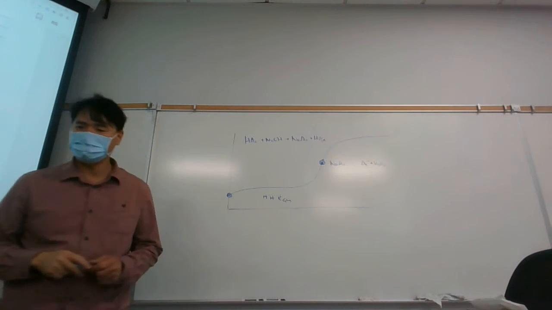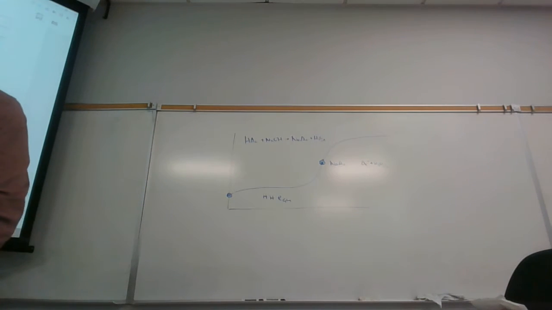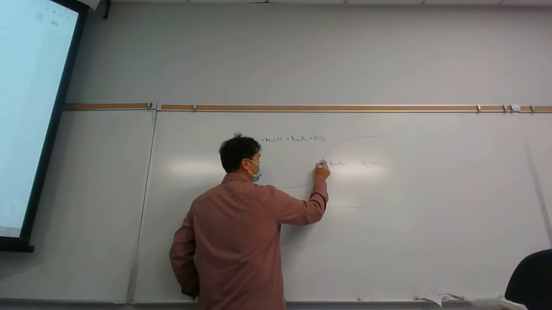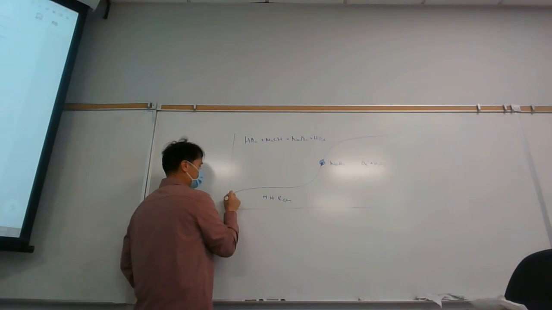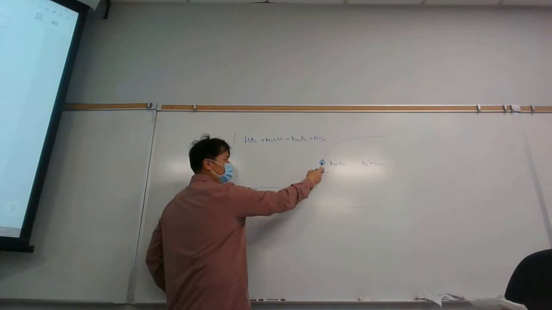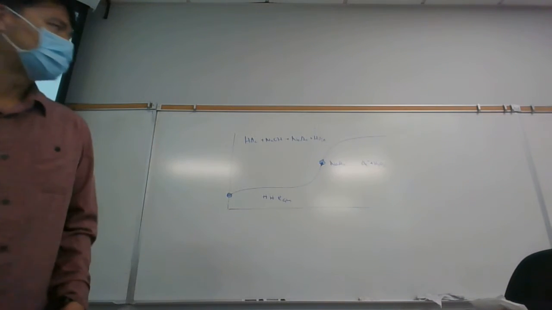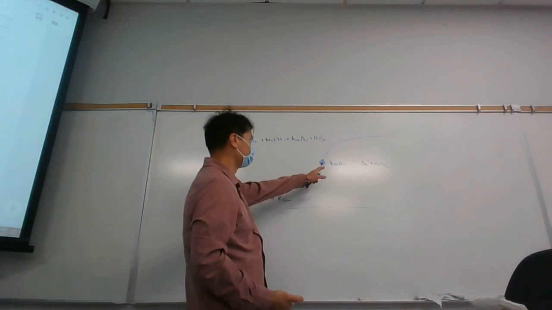The only time we can't use the HH equation is right next to the equivalence point and right next to the initial pH, within like a half a drop or a quarter drop.